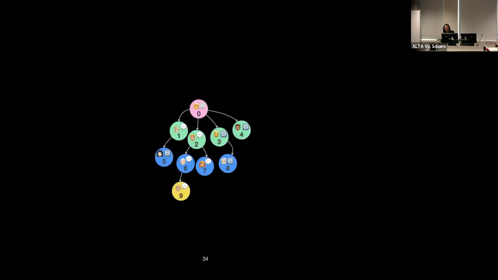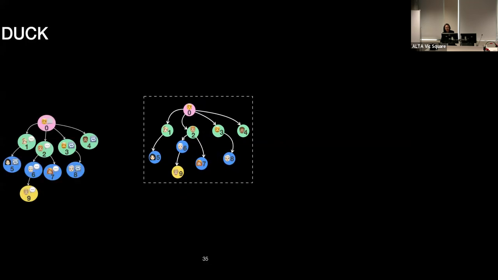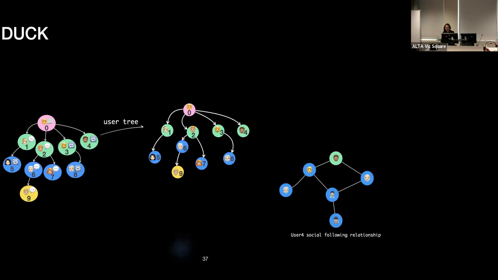If we go back again, what we have this time is we only care about the users who interact with the source post, node 0. So in that case, we have a whole new tree, the user tree here, and for each node we try different representations, adding more information. Like, we have node 4 and user 4, and the social following relationship in this case is combined into the node representations.